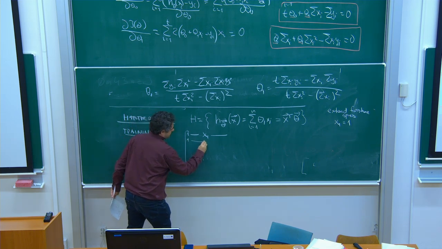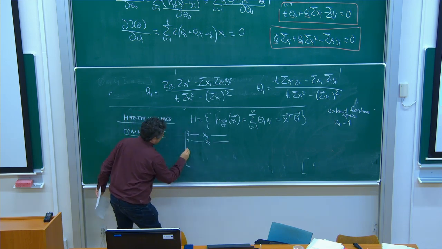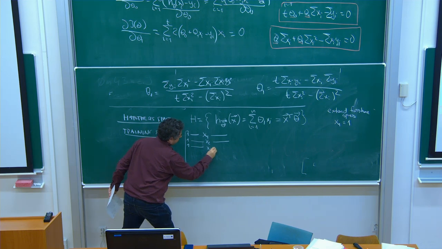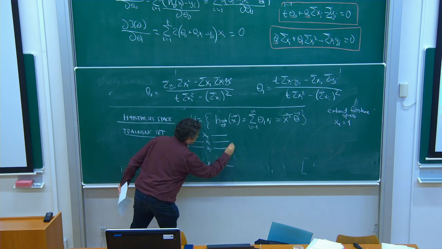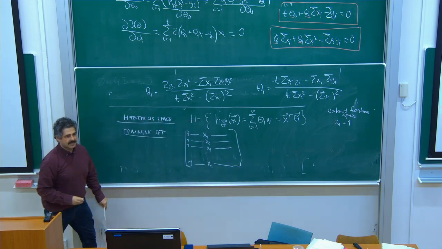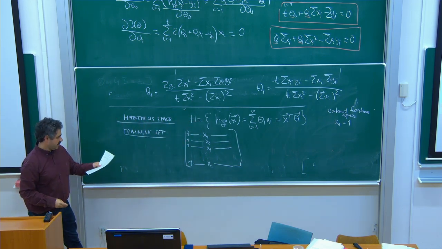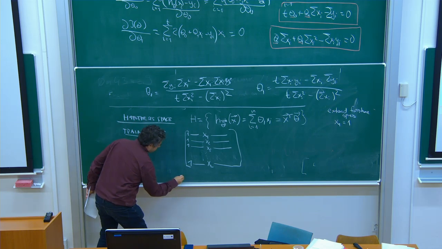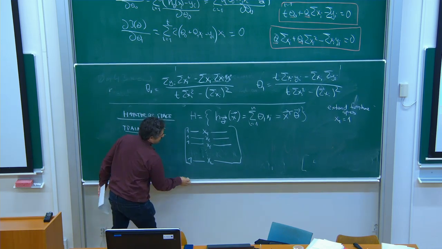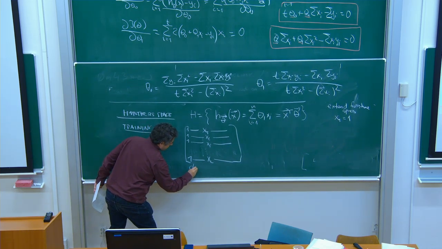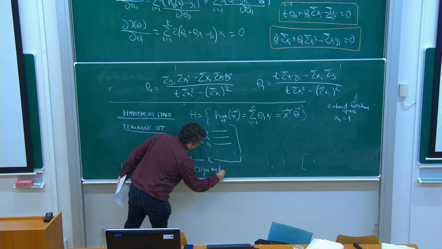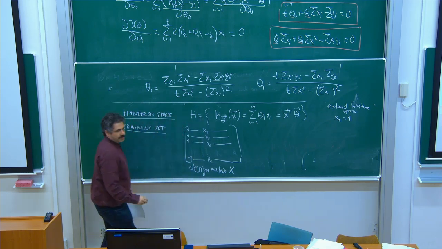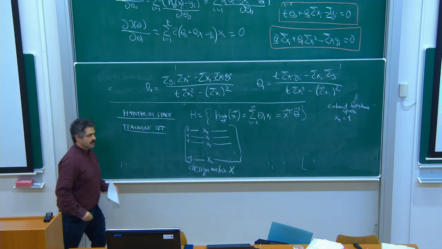Second example, third example, and so on. And the last example will be here. This matrix actually has a name. It's called the design matrix, and we will usually denote it as X.